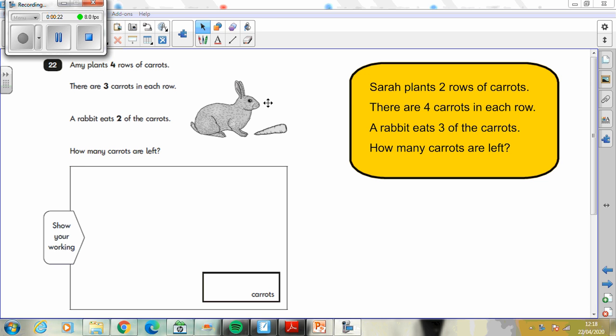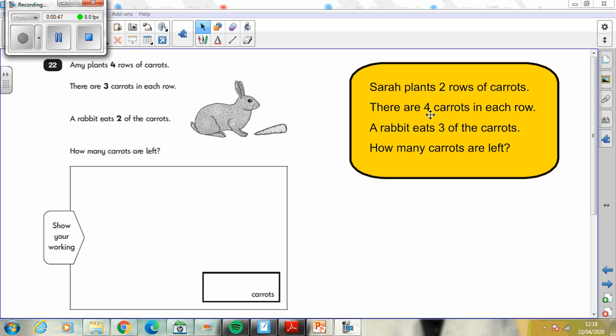Again, as I explained in the previous example, what you need to do is identify the information that you've got and then break down the information into two steps. This is question 22, and here is a simpler example that I've created.